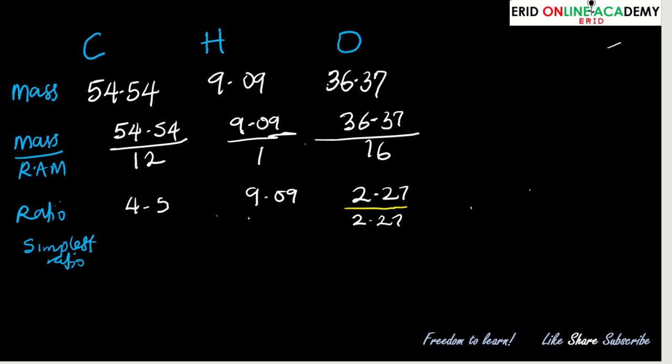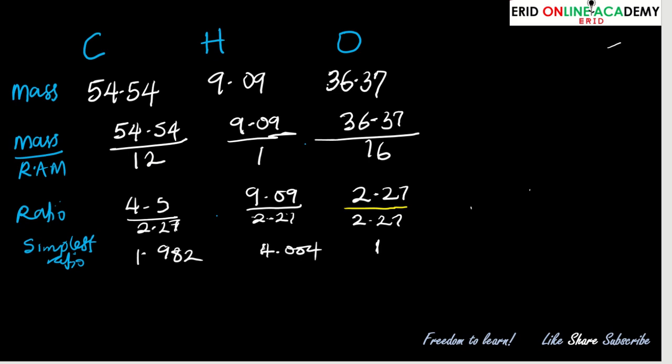We divide this by 2.27, and this by 2.27. So 4.5 over 2.27 gives me 1.982, and this gives me 4.004. This gives me 1.